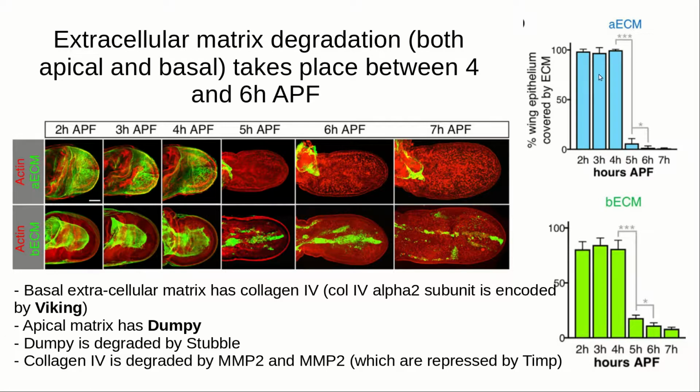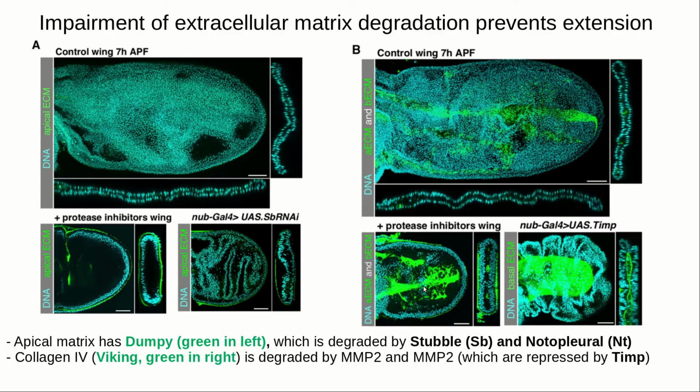And here's the quantification of the percentage of the epithelium that is covered by this extracellular matrix, and as you can see, it decreases sharply between 4 and 5 hours after pupae. So if these proteases are repressed, like with RNAi against Stubbloid, or these protease inhibitors, the wing is unable to elongate.